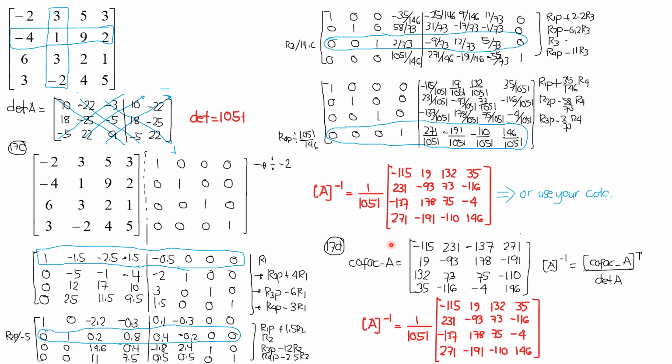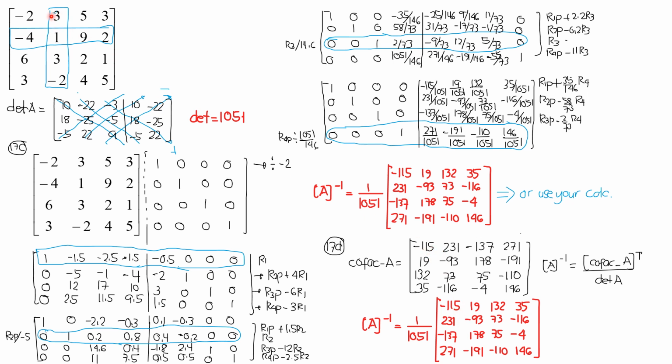Then by the adjoint method, first let's evaluate the cofactor of each element. So the cofactor of negative 2 is the minor of negative 2. So that is the determinant of this 3 by 3 matrix. It's negative 115.